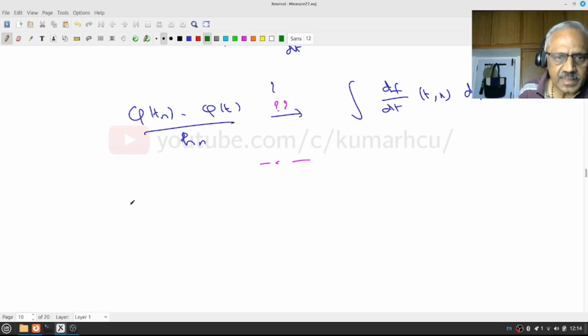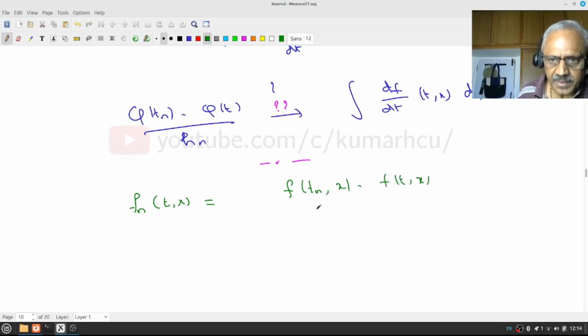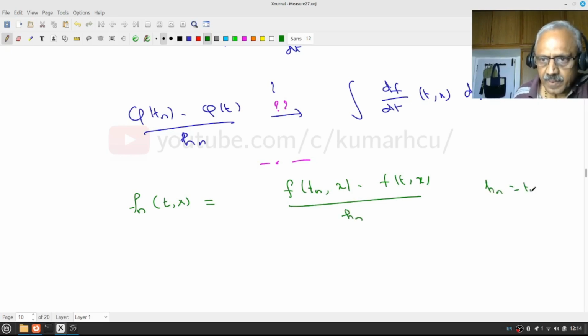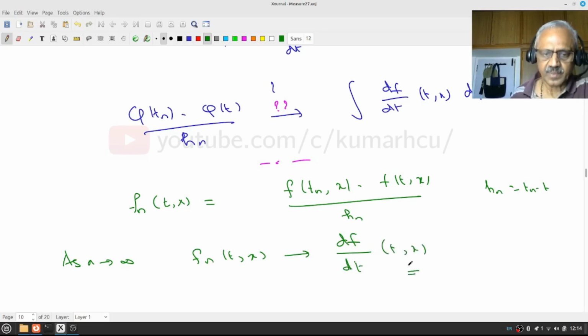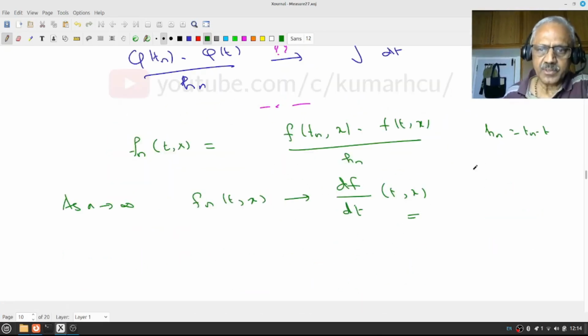Let us look at fn of t comma x to be f of Tn comma x minus f of t comma x by Hn. Again, Hn is Tn minus t. As n tends to infinity, fn at t comma x goes pointwise to the derivative of f with respect to t at the point t comma x. Therefore, this is pointwise convergence.